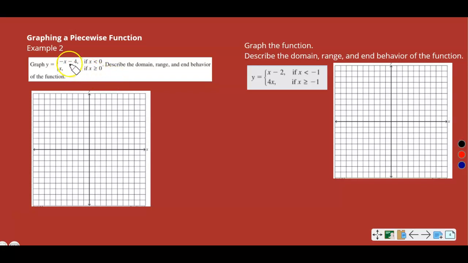All right, so negative x minus 4, this is a linear equation in slope-intercept form. So we know that this is our y-intercept. So we can go down to -4, 1, 2, 3, 4. The domain says x less than 0, so we know we're going to have an open circle. That point is not included. And we're also going to have a -1 for our slope.